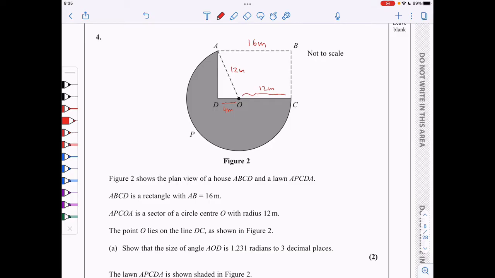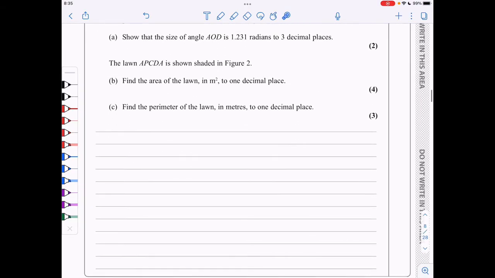Now we need to start off by showing that AOD, this angle here, is 1.231 radians to 3 decimal places. So we start off by saying that cos of AOD is adjacent over hypotenuse, which is 4 over 12.